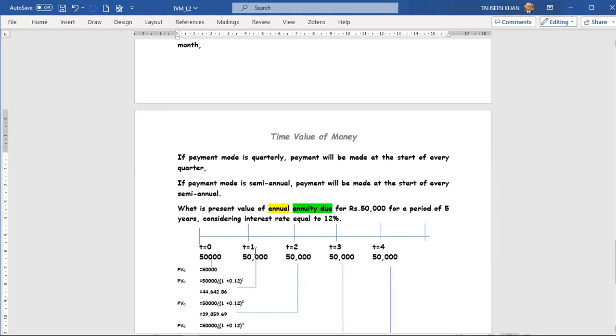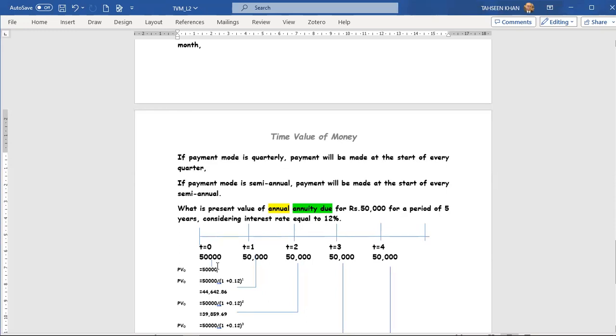Either you can say the end of the first year and the beginning of the second year, the end of the second year and the beginning of the third year, the end of the third year and the beginning of the fourth year, and the end of the fourth year and the beginning of the fifth year.